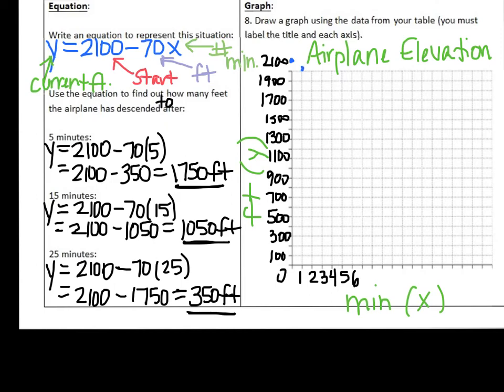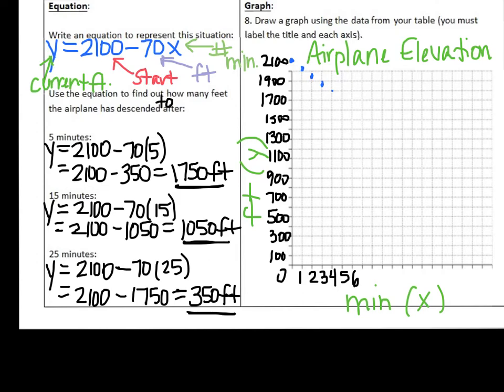After 2 minutes, my airplane was at 1,960 feet. So we're going to go with about there. And after 3 minutes, it goes down again to 1,890. So around there. And notice what is happening is that it is decreasing by 70 feet every time, as every minute passes.